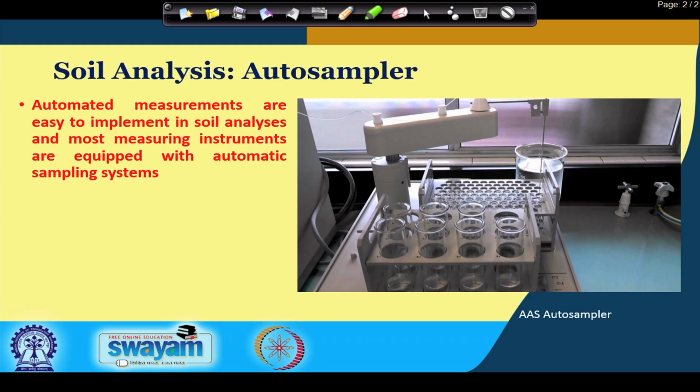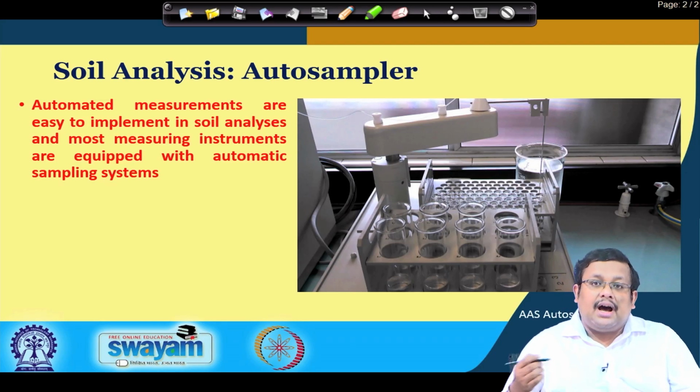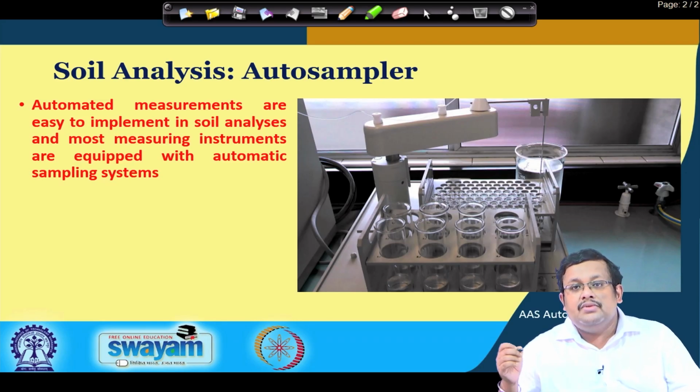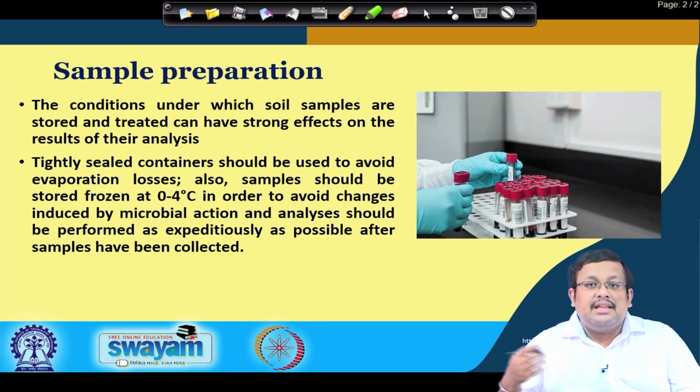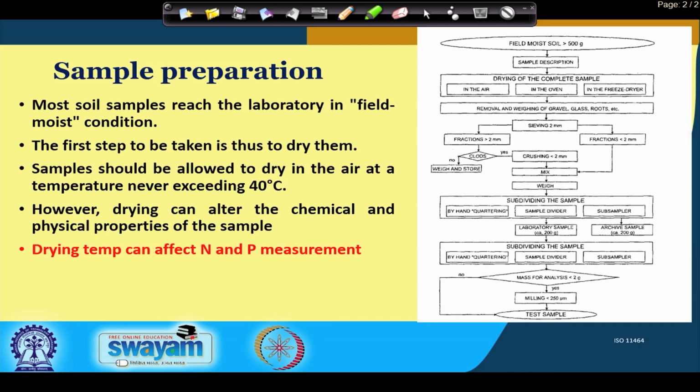This auto sampler is an integral part of different high valued instruments, which helps with automatic sampling for subsequent analysis. Then we talked about sample preparation, why it is important, and we covered different steps of sample preparation like sample description, drying of the complete samples in air, oven drying and freeze drying.